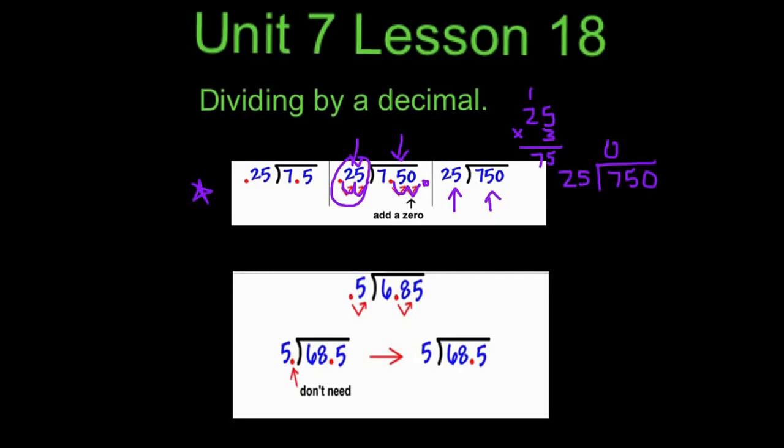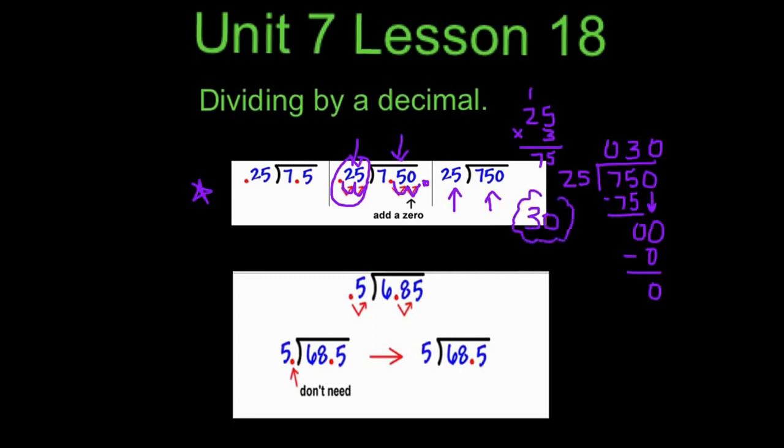Yep. So I'll put the 3 up and then subtract 75, which gives me a 0, and then I bring down a 0. And remember, here's where you have to think, okay, does 25 go into 0? Nope, put up a 0. 25 times 0 gives you 0, so now we have no remainder. So your answer or quotient for this specific problem would be 30.